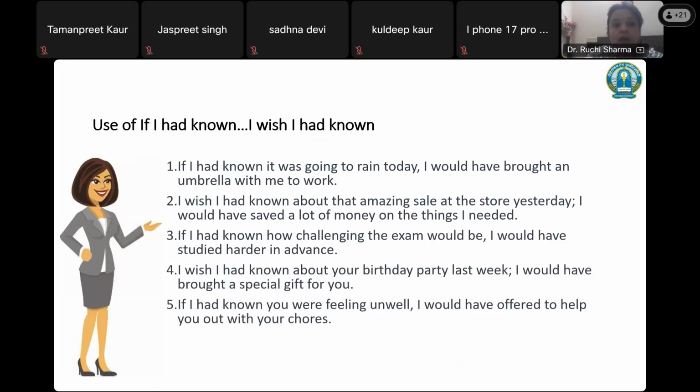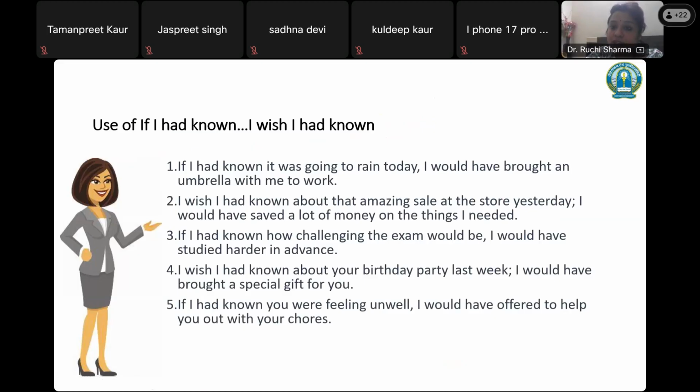Now, when we talk about the use of 'if I had known' and 'I wish I had known', this is again that same feeling you have about something that you wanted to do desperately, or something that you had desired, or how you wish you could have improved something. So when I say 'I had known', had is used in which tense?